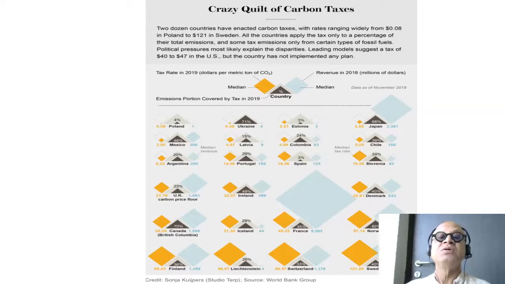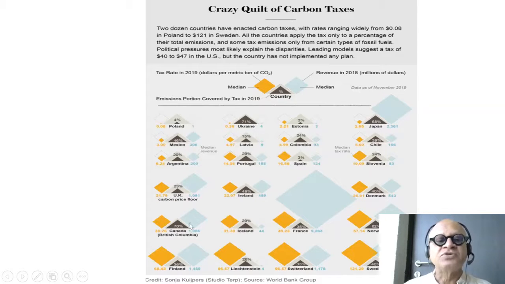Sweden, a rich, progressive country, is doing a lot of climate things, including plans to go completely renewable and so on. And the leading models suggest a tax of $40 to $47 in the US, but the country has not implemented any plan as of 2019. Okay, there is the big gorilla in the room.